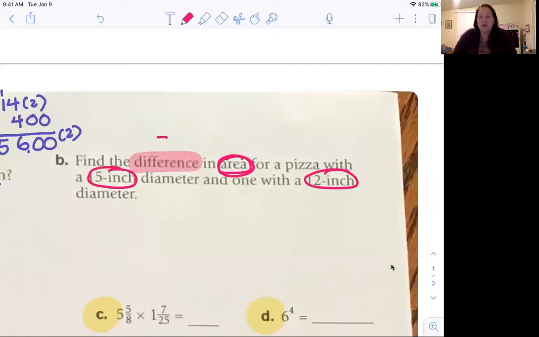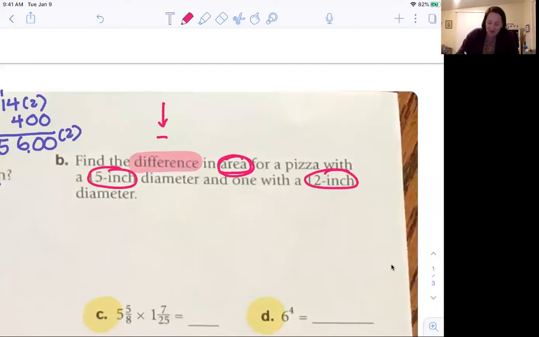What do you think we're gonna do? Do you think we're going to find the areas and add them? No, because it says difference right here. So let's find the area of a 15-inch pizza. Let's find the area of a 12-inch pizza, and then let's subtract. Now that is the common way you could do it. There is one other way, and you guys may have guessed it, but let's do the way that I just said.